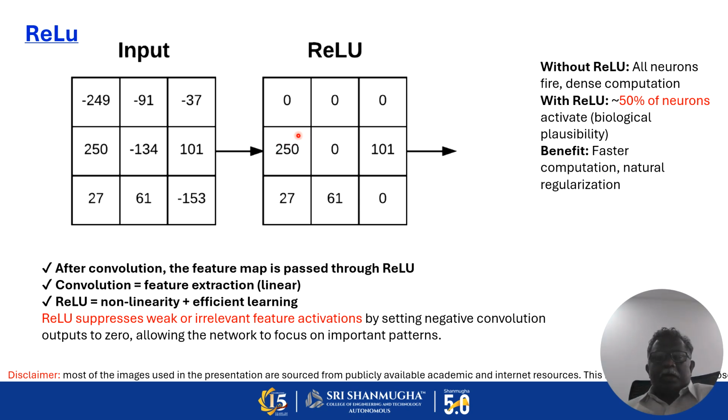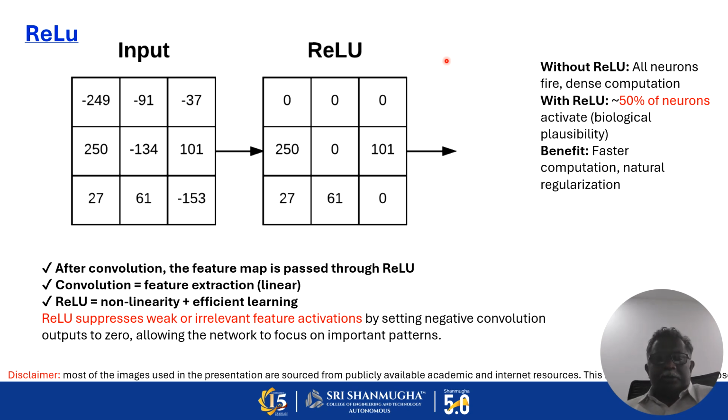When you don't use the ReLU function, all the neurons have to be computed and fired, and you have dense computations. When you apply a ReLU function, most of the negative values become 0. As a result, 50 to 60% of neurons get fired, and finally we have better computational efficiency.